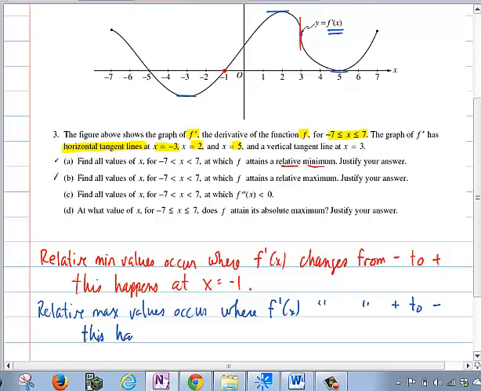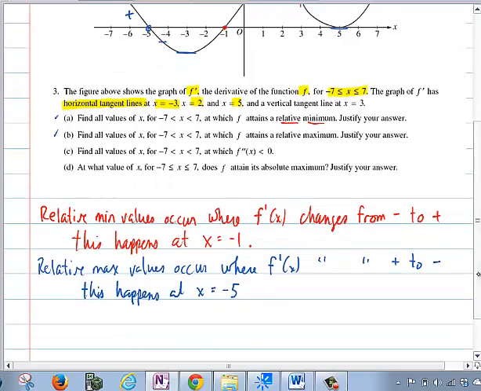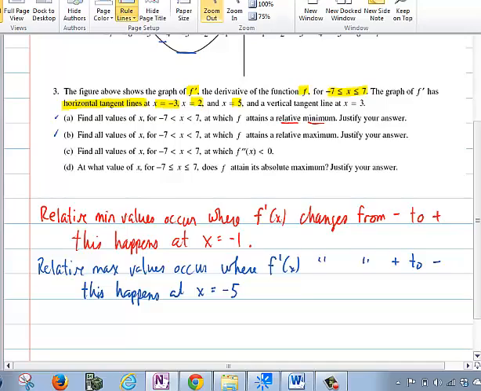This happens at x equals, it's positive on this side, negative on this side. This happens at x equals -5. I'll zoom out so we can see the whole problem.